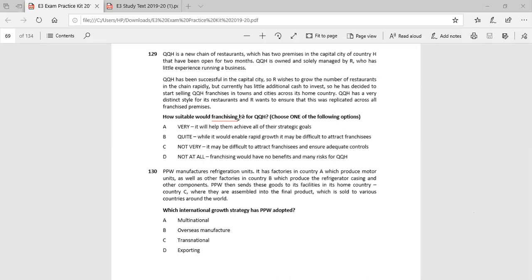So he has decided to start selling QQH franchises in towns and cities across its home country. QQH has a very distinct style for its restaurants, and R wants to ensure that this is replicated across all franchised premises. Why? Why not very?